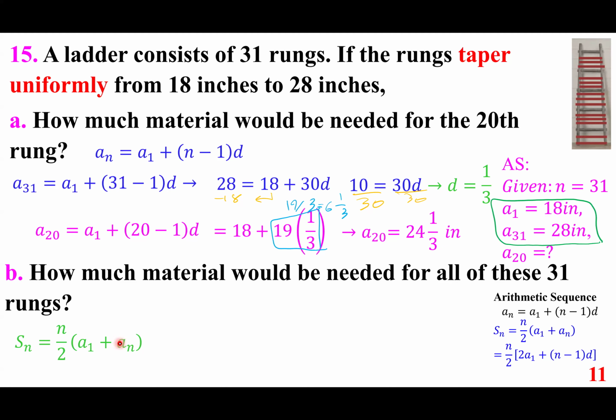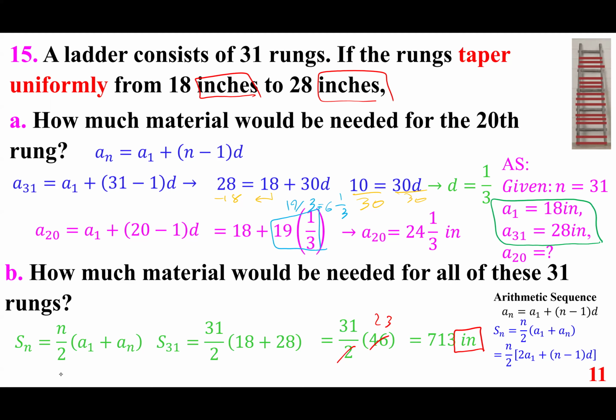Just plug it in and observe that this is 31 halves, this is 46. 46 can cancel out the 2. 23 times 31, 713. Units, always proper units. Look at the units here, so you know where the units come from. It's important to write the proper units always.